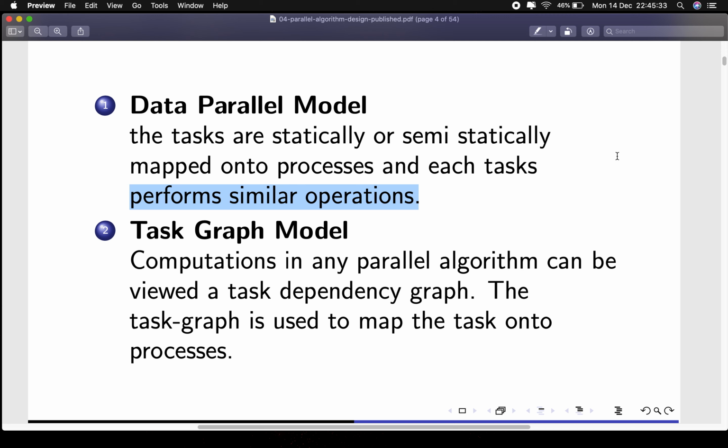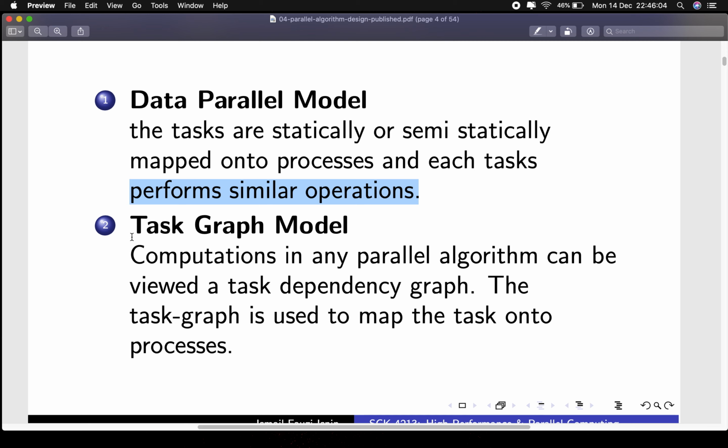So when you are given a scenario and asked to choose the model under parallel algorithm whose tasks perform similar operations and are mapped statically or semi-statically, you will know that it is the data parallel model.